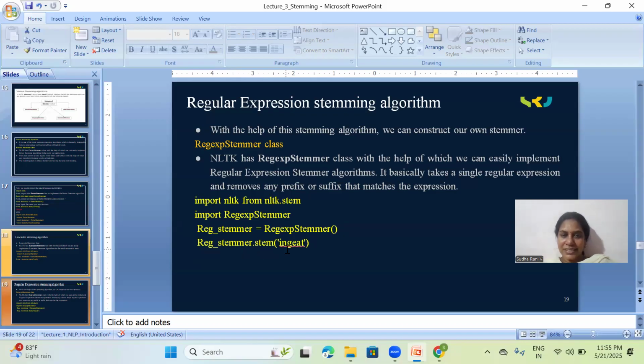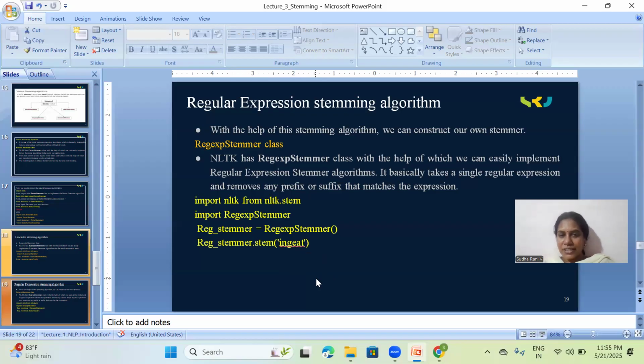Here we are giving the word "ingeat". This is not a meaningful word, but just to show the results, I'm using "ingeat". Here, the suffix is not there, so it has the prefix. So it will remove the prefix, and it will generate the root word as output: eat.